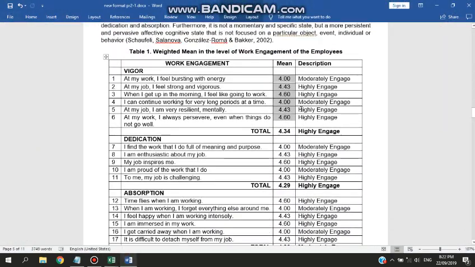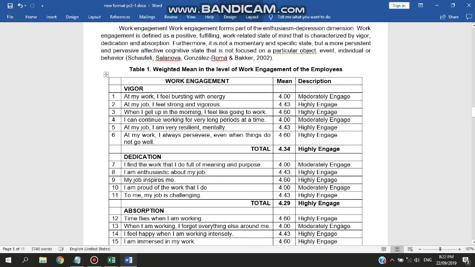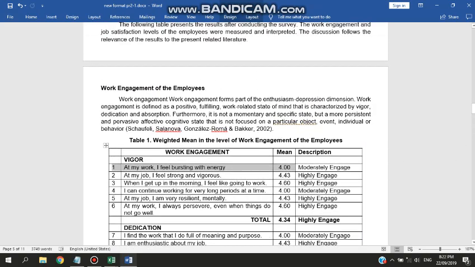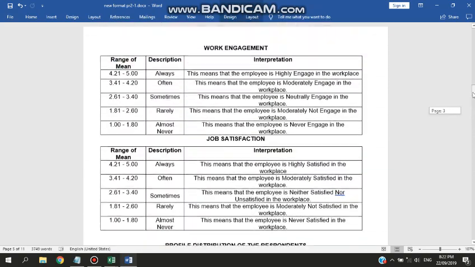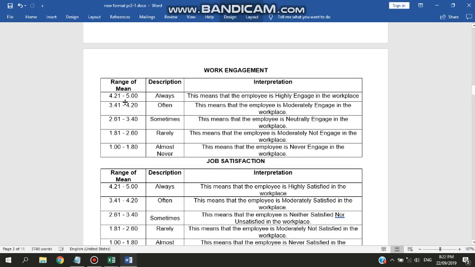So, as you can see, we have to utilize the scaling so that we can have a good interpretation for each item. For item number 1, question number 1, under this one, we're going to interpret it's 4, exactly 4. So for scaling, it falls under this one. It's moderately engaged.